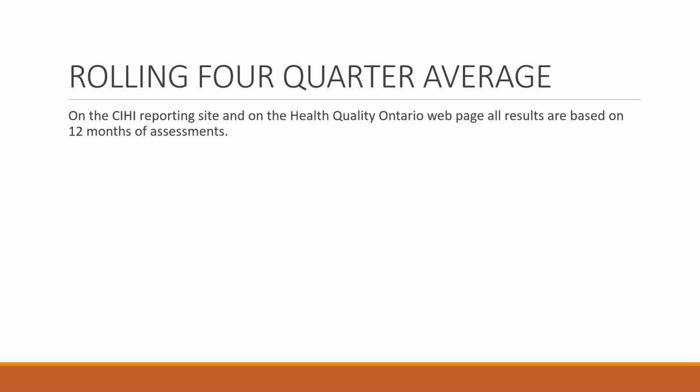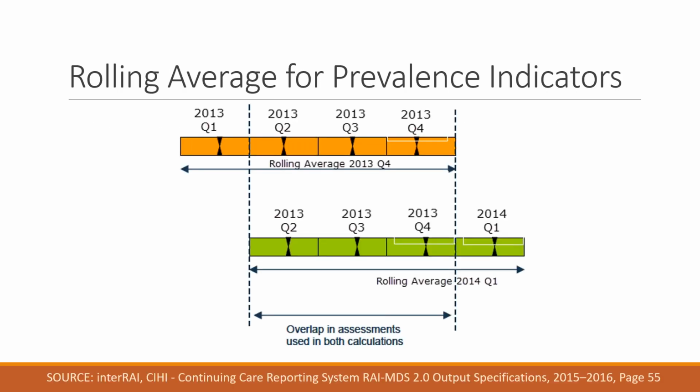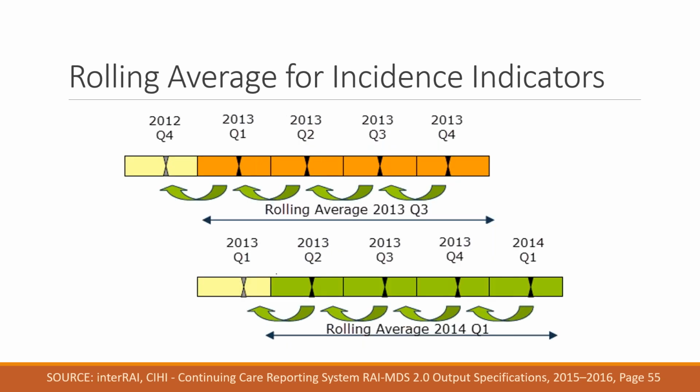So we've talked about the rolling 4 quarters, always 12 months of data in a CIHI report. Always 12 months of data is involved in the report. Now you can see with the prevalence indicators, and then when we look at the incidence indicators, we're bringing in one more quarter, a 5th quarter here.